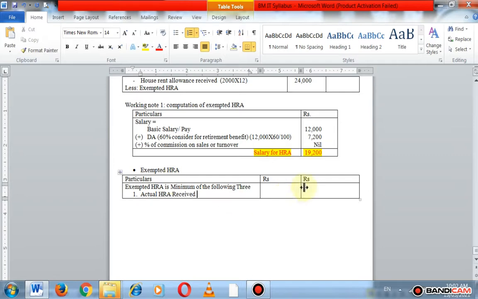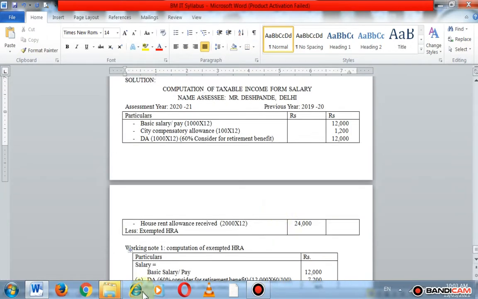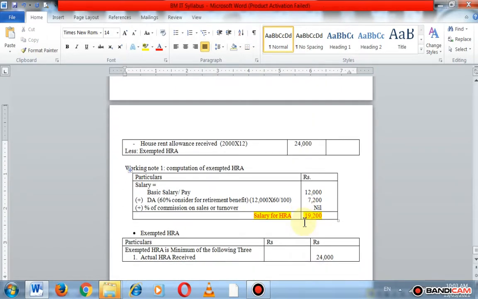We already took into consideration the actual HRA received, that is 2,000 into 12, which is equal to 24,000. Got it? Actual HRA received is 24,000.